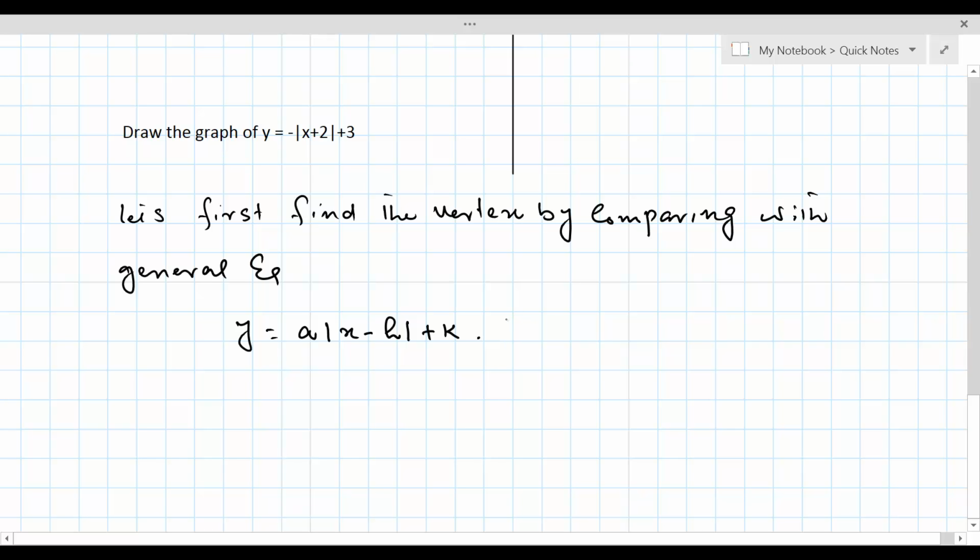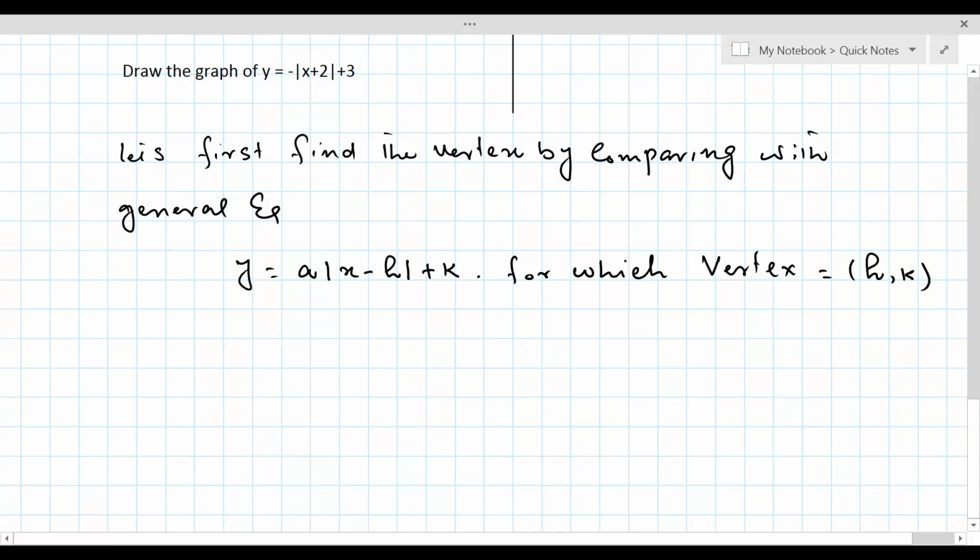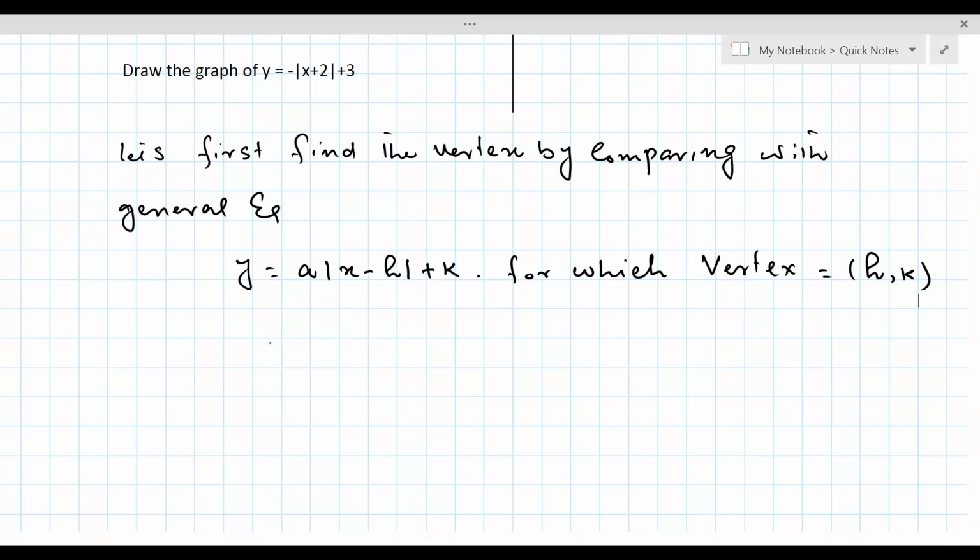Since the vertex is equal to (h, k), for now we'll leave a on the side because we are only interested in finding the vertex. So when you compare the given equation y is equal to minus |x plus 2| plus 3 with this standard one, we find that h is equal to minus 2 and k is equal to 3.